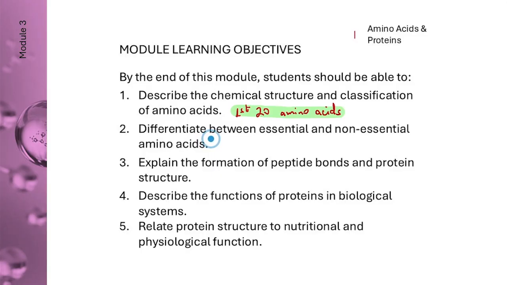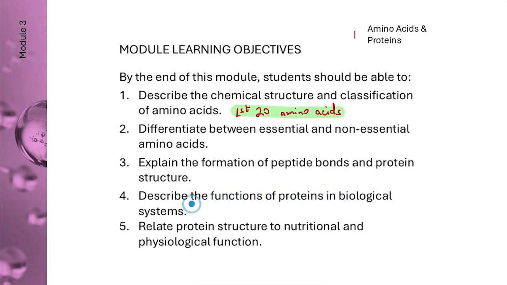So learning all the different amino acids is actually dependent on you having mastered the first 20 amino acids. We'll be looking at the formation of peptide bonds in protein structure, condensation reactions, and the role of hydrolysis reactions in the forming of peptide bonds.